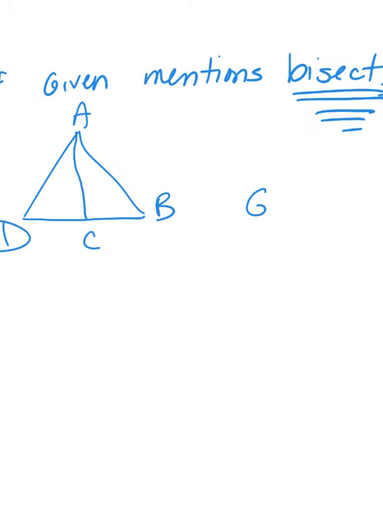So if the given says that AC bisects DB, it could also bisect an angle, but if it bisects DB, then the given is given, but then you know that DC bisects means what?